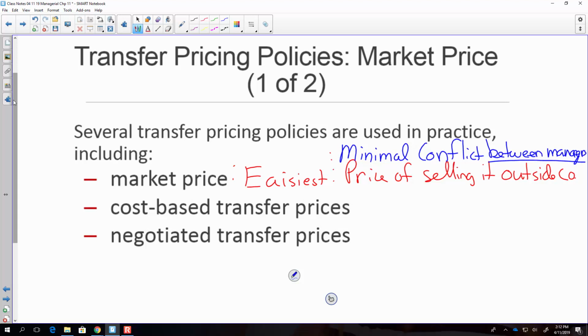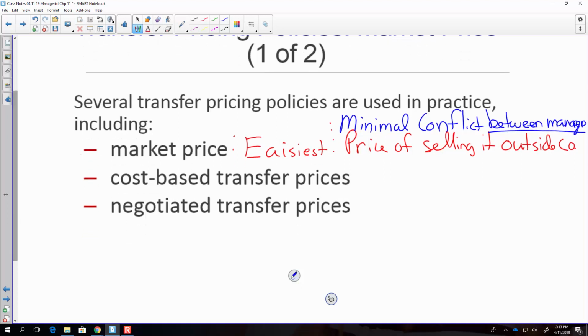The next one is simply a cost plus transfer. In other words, cost is always product cost, right? So when we come up with cost here, we're really looking at the sum of direct materials, direct labor, and overhead. And that cost is marked up a certain percentage, and once I have that, whatever the cost is, I can determine a fair selling price, right, with a little bit of markup.